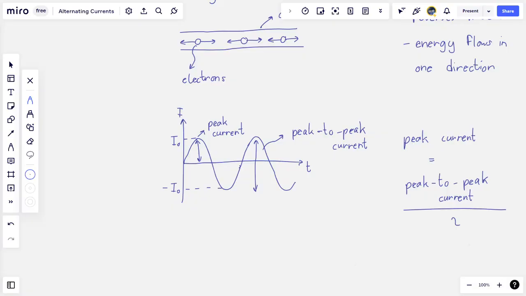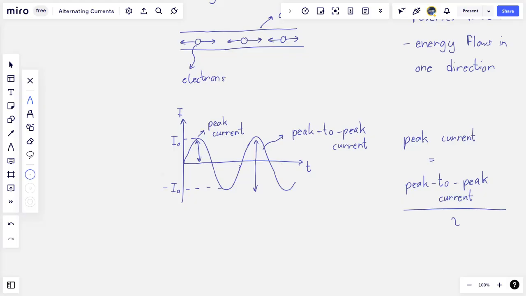That's the relationship between the two. So if I ever wanted to find the peak current, I can find the peak to peak by measuring the separation between the crest and the trough, the bottom and the top, and divide that number by 2 and get the peak or maximum current in the circuit. Remember, the electrons are moving back and forth, and so they can only gain a certain speed, move at a certain rate, before they slow down, stop, and change direction.